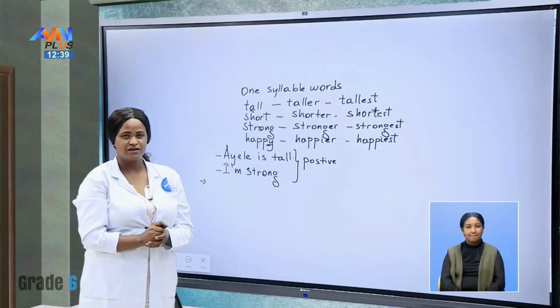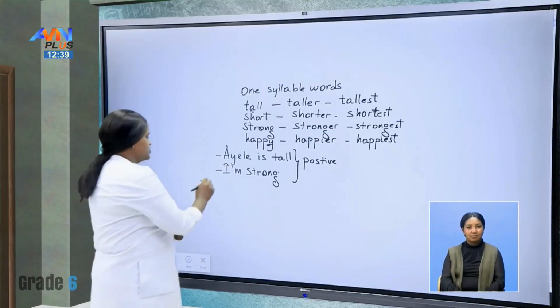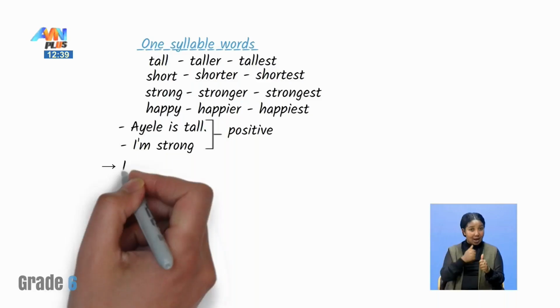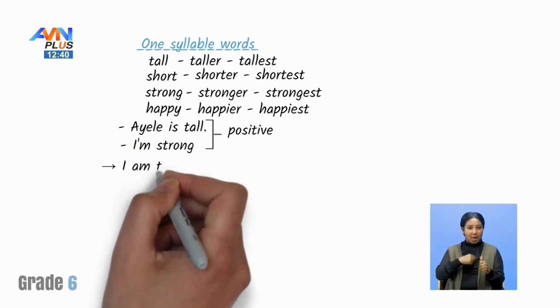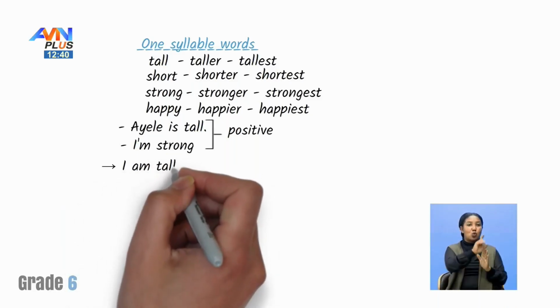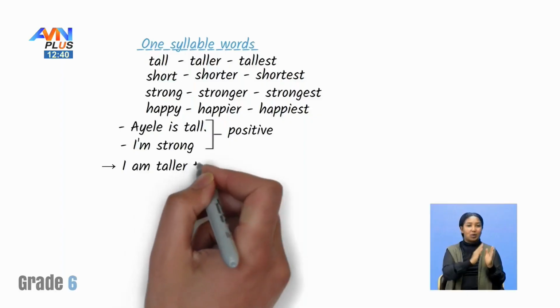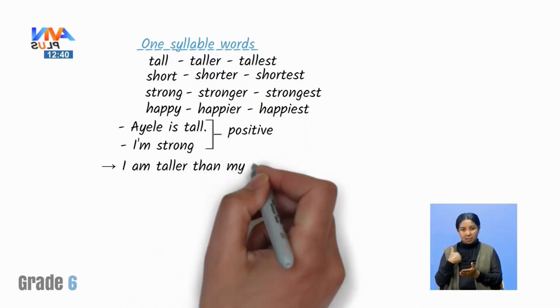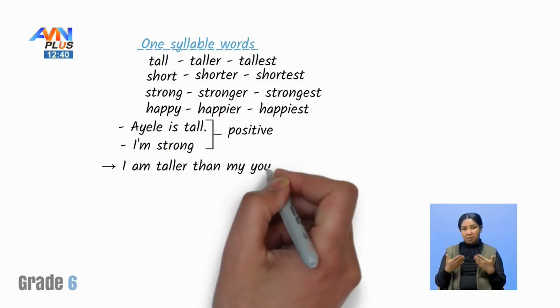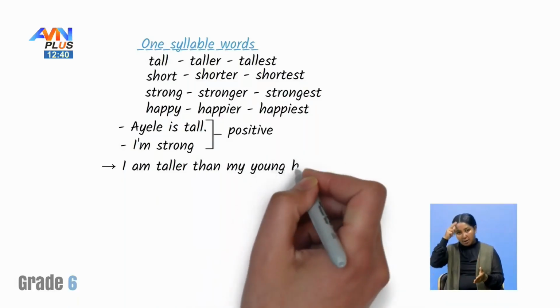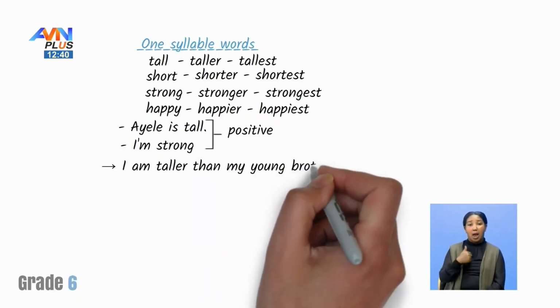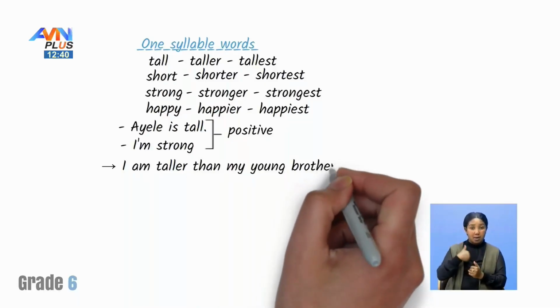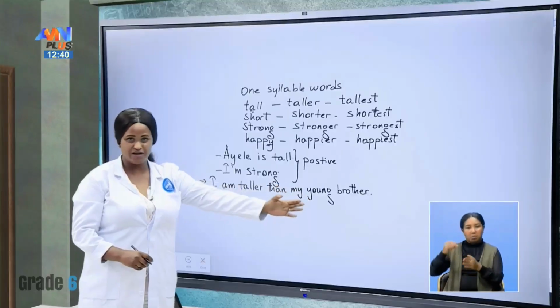Okay? Do you say, I am taller than my young brother, or you can mention the name of your young brother, yeah?